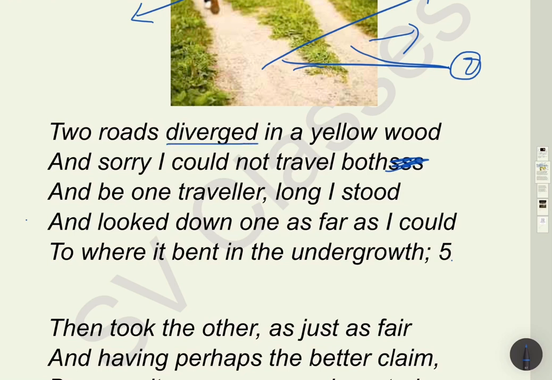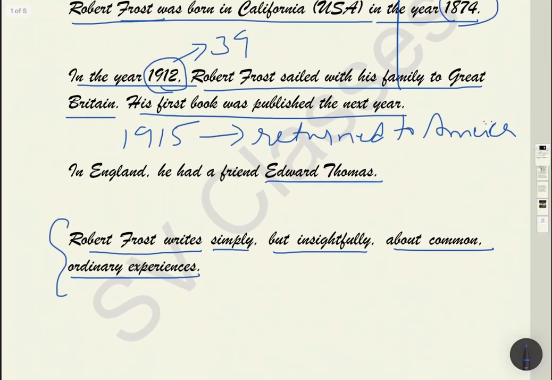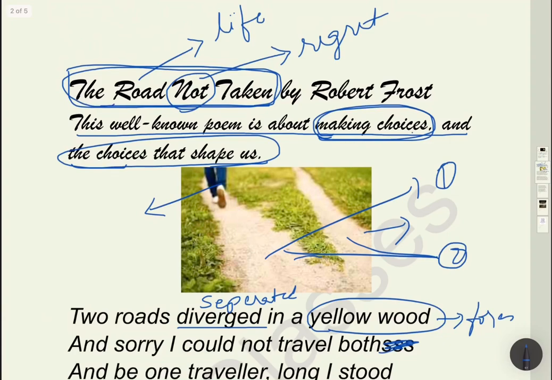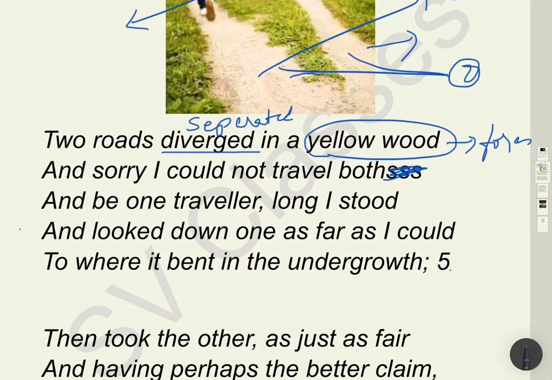Two roads diverged. Diverged means separated. In a yellow wood, wood means forest. Yellow identifies autumn.